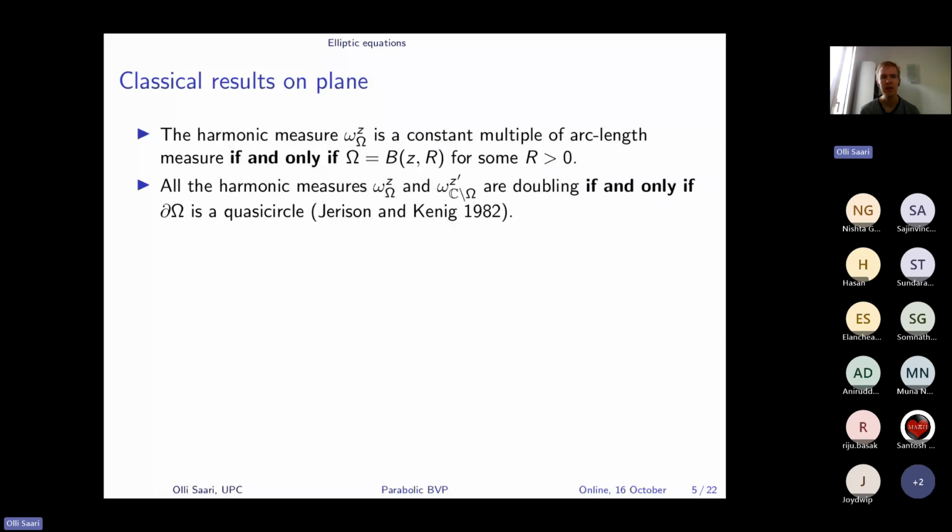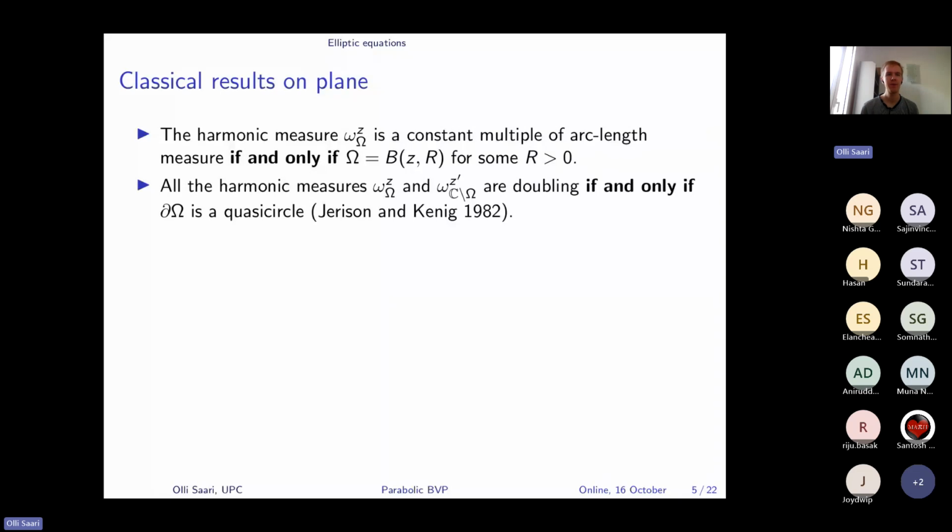And now, what is a quasi-circle? The simplest to state definition is that the boundary of the domain is the image of the unit circle under a global quasi-conformal self-mapping of the plane. And what does this mean in more elementary terms?